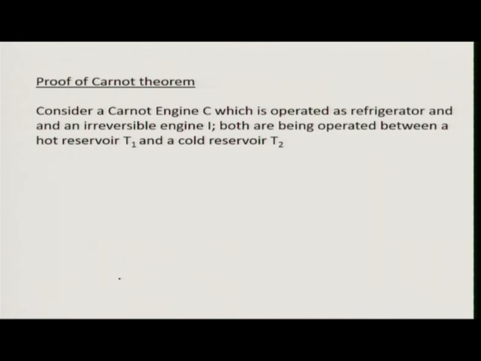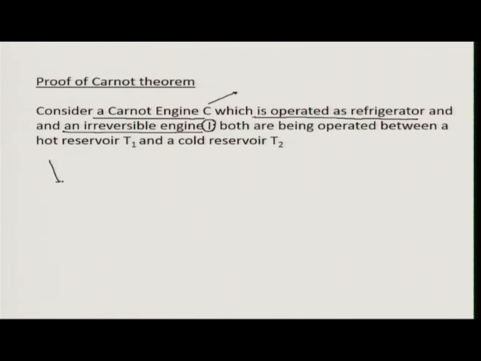Okay? So, what is the idea? Consider a Carnot engine C which is operated as a refrigerator, which is very important. An irreversible engine I. The Carnot engine is denoted by C here, the irreversible engine is denoted by I, which is here. Both are being operated between a hot reservoir at temperature T1 and a cold reservoir at temperature T2.